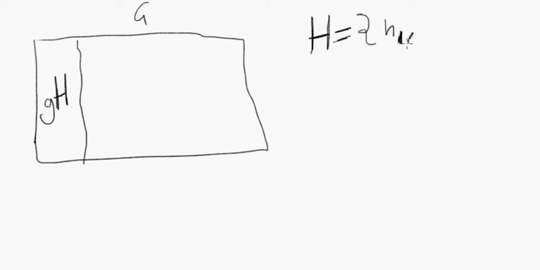Let's say it has elements H1. No, we're doing mathematics, we might as well be general. So let's say we have up to HK. So H is the group and it has K elements in it.